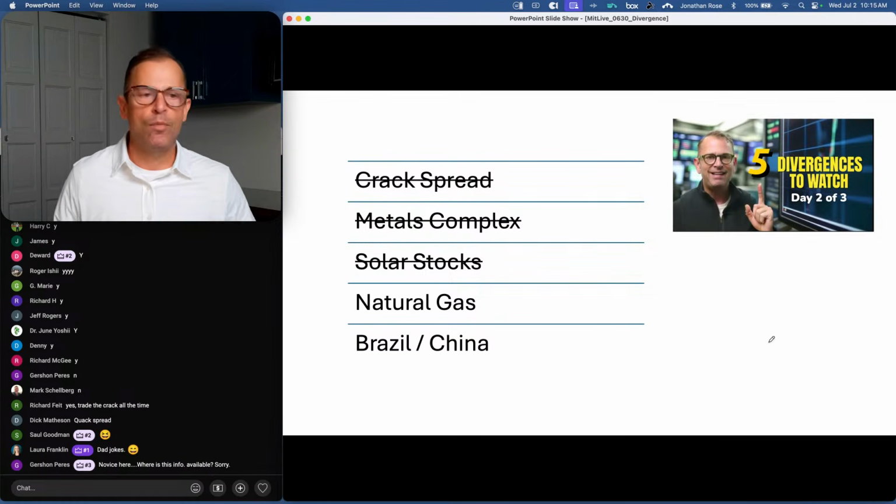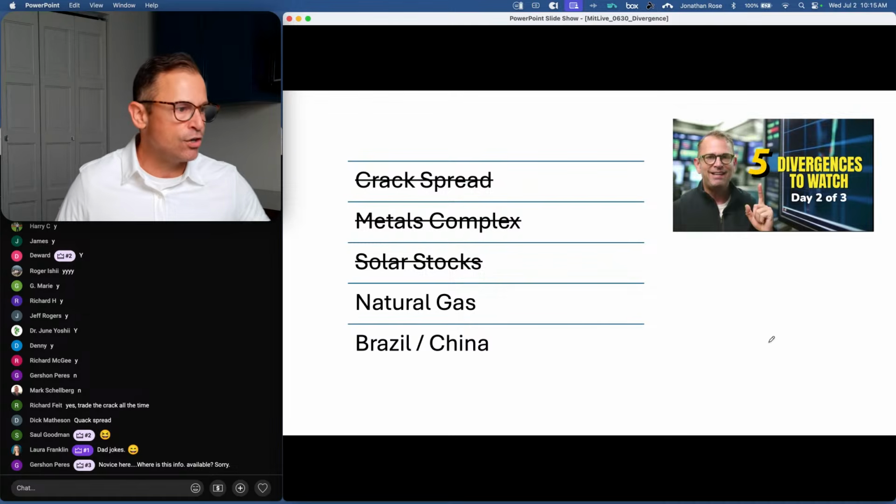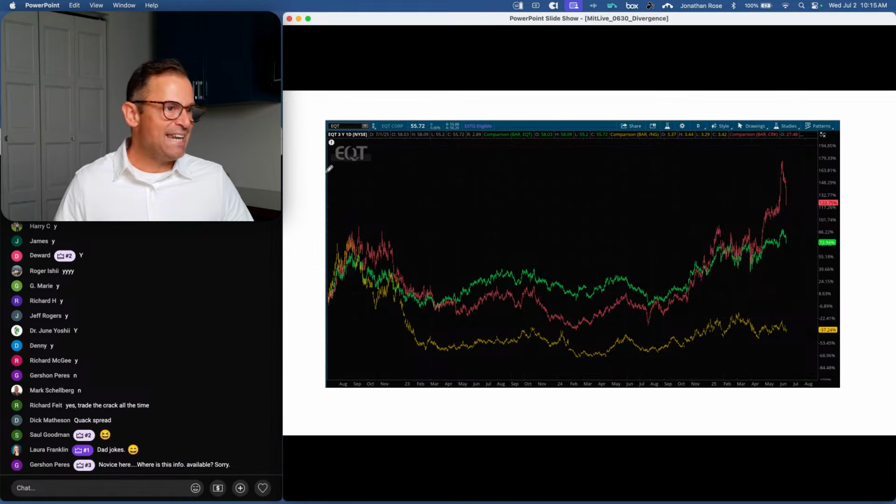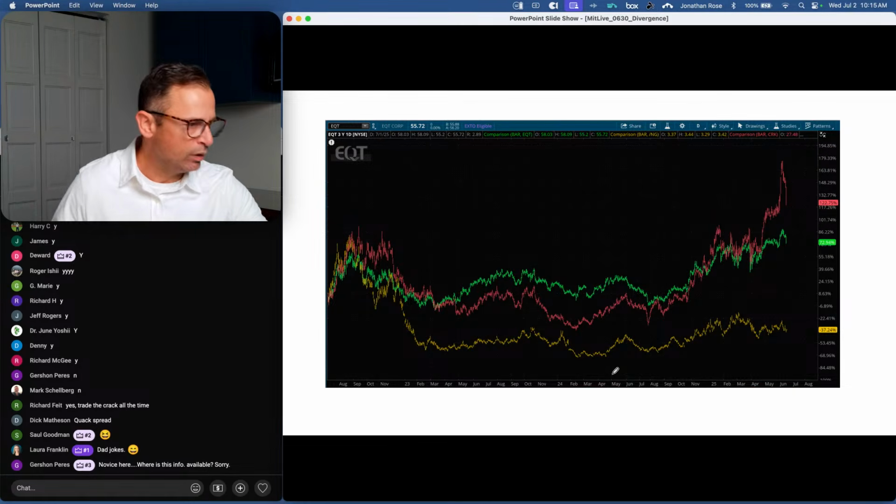So overall, when we're looking for these divergence trades, you want to find industries that move together. Natty gas. This yellow line is natural gas. That yellow line is the natural gas futures.